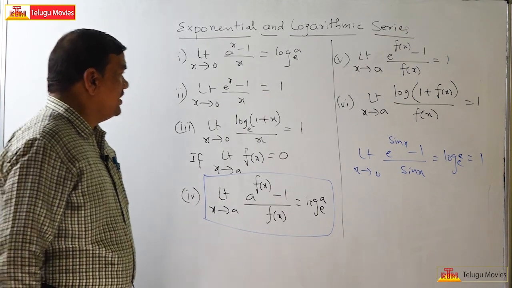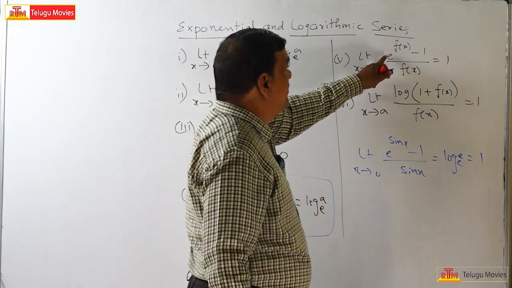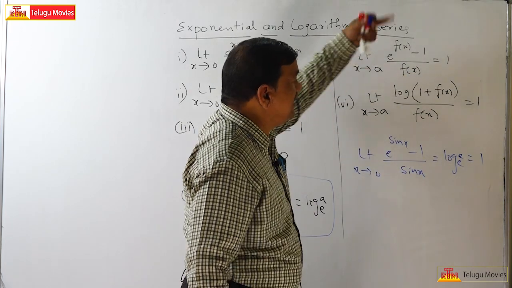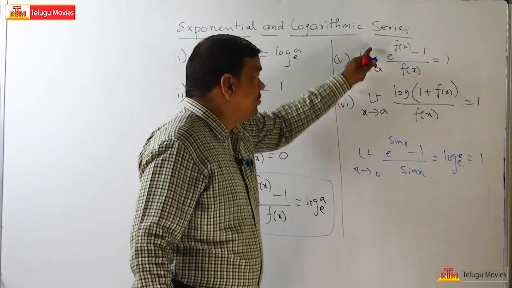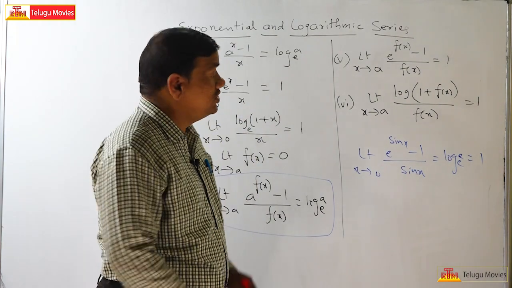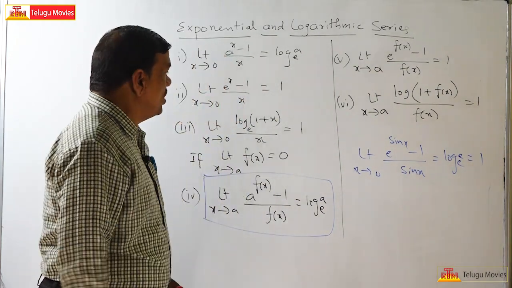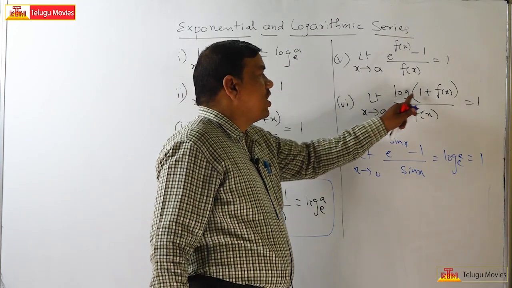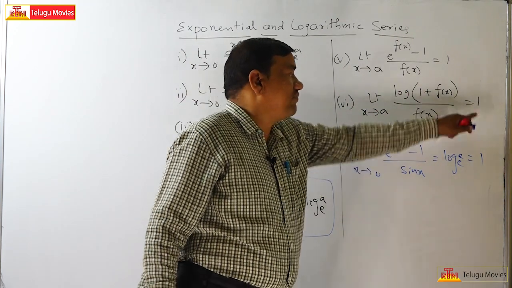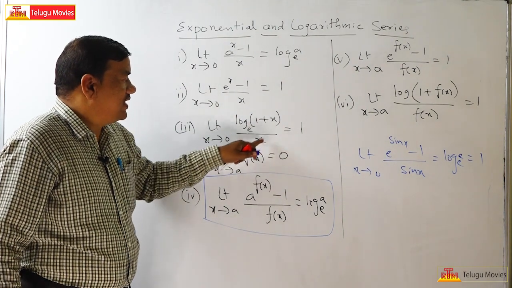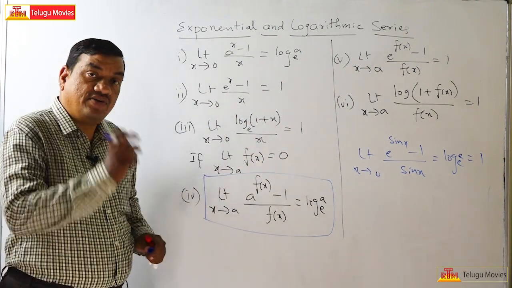And one more thing is limit x tends to a, (e^f(x) - 1)/f(x) is equal to 1. If it is e^x, 1. This example is suitable for this concept. And the third one is also limit x tends to a, log(1 + f(x))/f(x) is equal to 1. So in this formula, in place of x, any function is there.